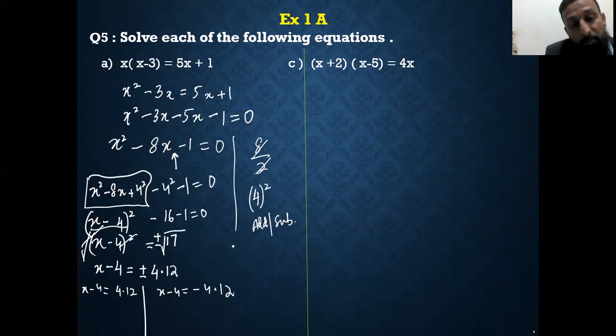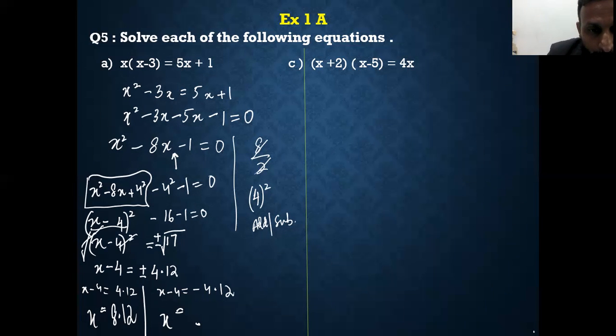Positive 4 plus 4.12. So your first answer is found to be x equals 8.12. That's your first answer, and your next answer is found to be x equals negative 4.12 plus 4, that is negative 0.12.